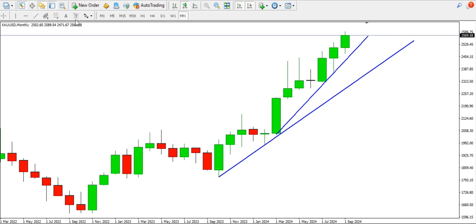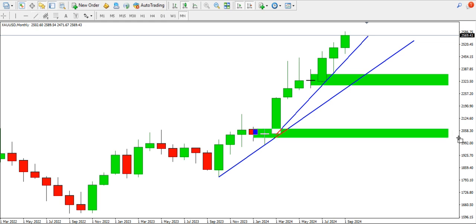Looking at order blocks, we have an order block around here where buyers are stationed in case price drops suddenly. Another level of order blocks around here. That's the 2050 level. The first order block level is at 2332.